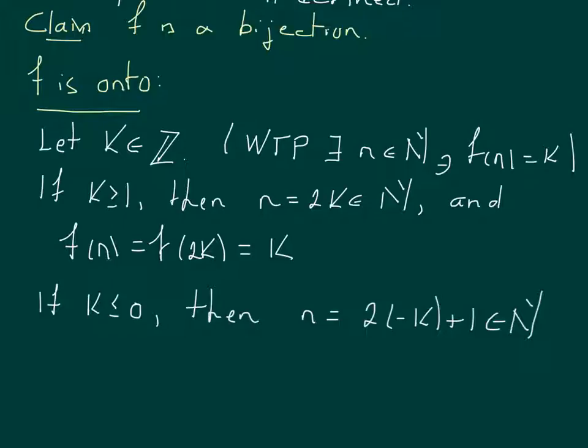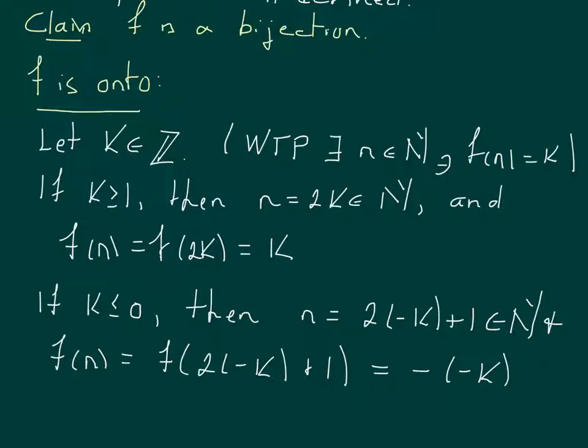All right, so in this case, n equal to 2 times minus k plus 1 is a positive integer. And from our definition, f of n is equal to f of 2 times minus k plus 1, which, according to our formula, is equal to the negative of minus k, which is equal to k.